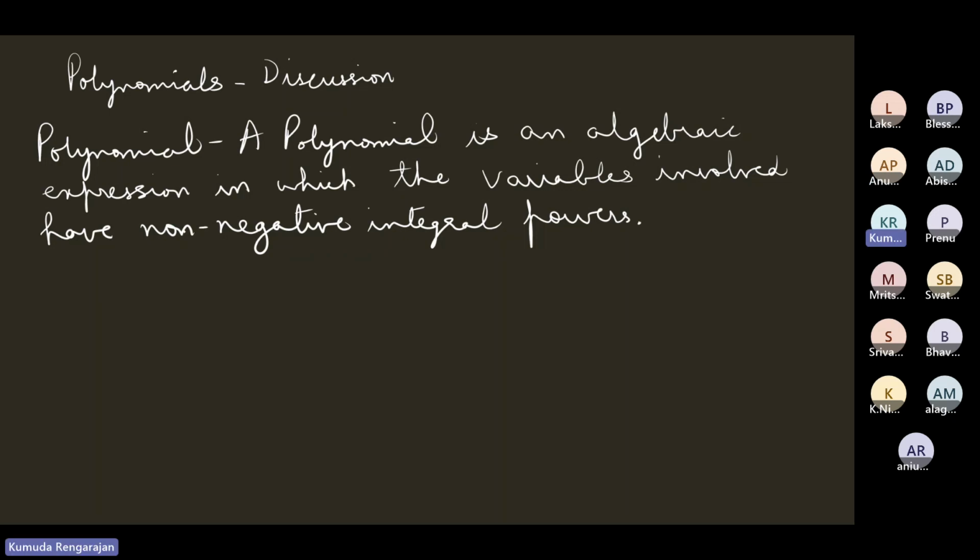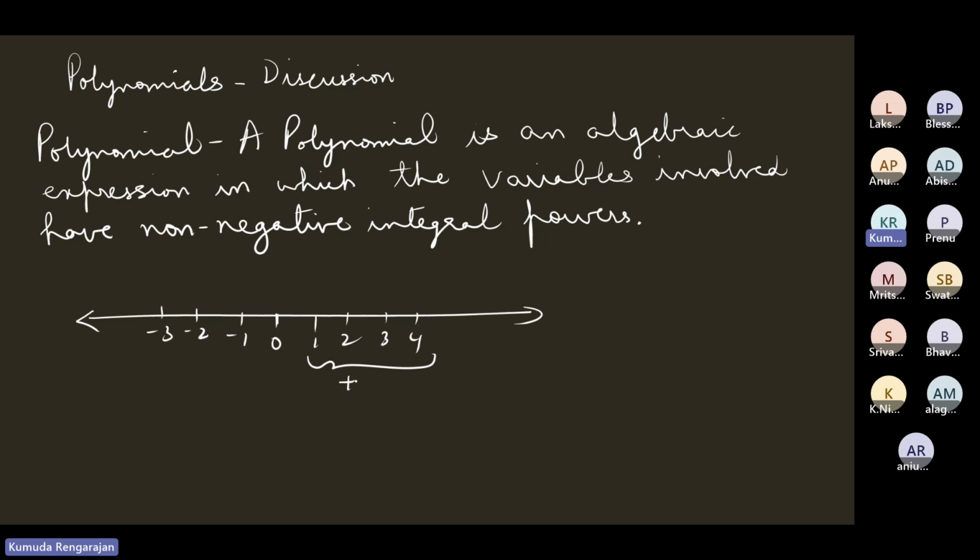So non-negative integral powers. You know, this is how we represent the numbers on a number line: 0, -1, -2, -3, and so on. 1, 2, 3, 4 are positive integers, and it goes on, children. It's not only this, you know that.